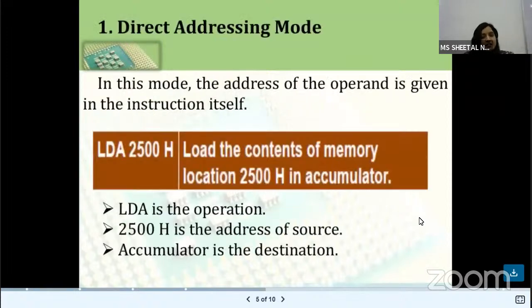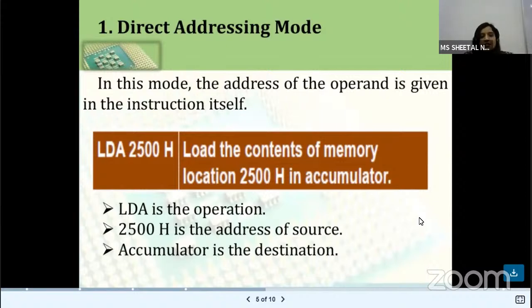Now, first one, direct addressing mode. In this mode, the address of the operand is given in the instruction itself. For example, in this case, we have taken LDA 2500H.